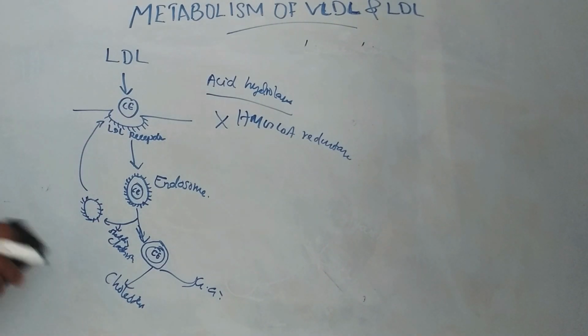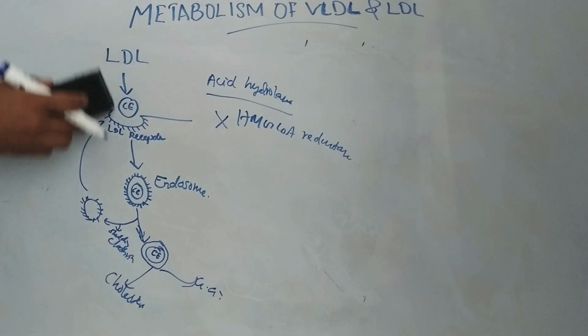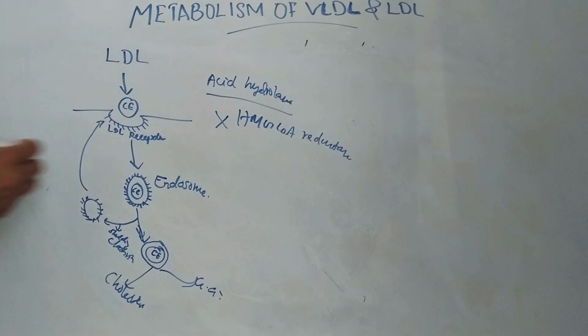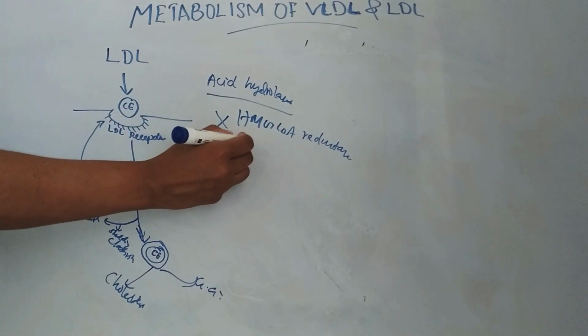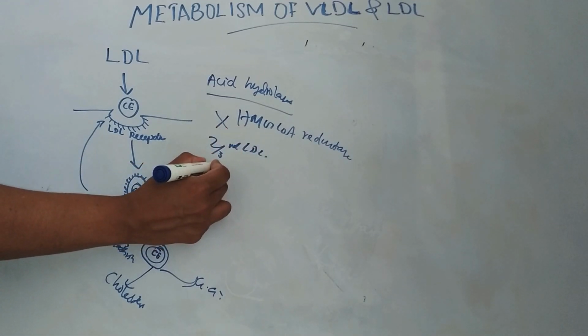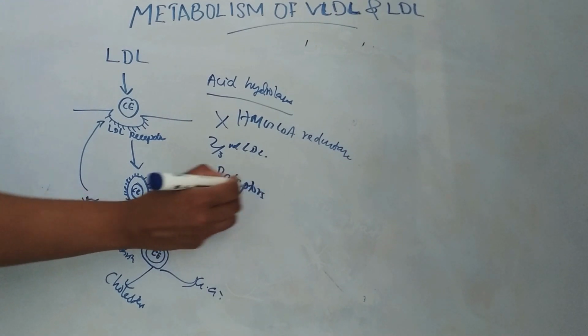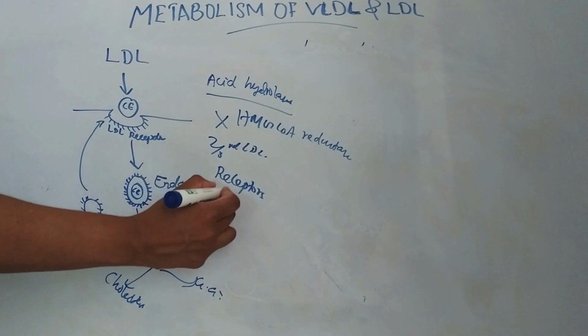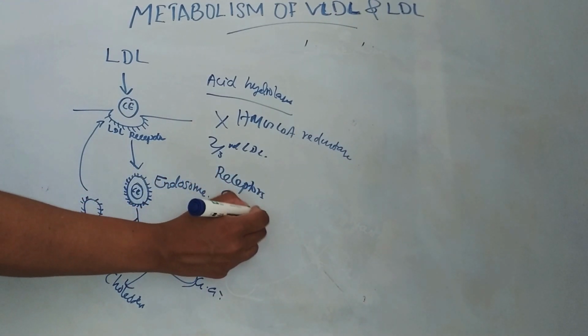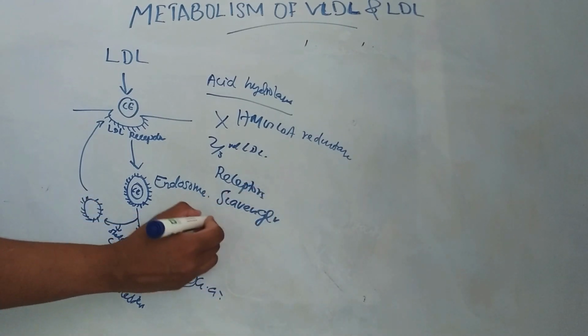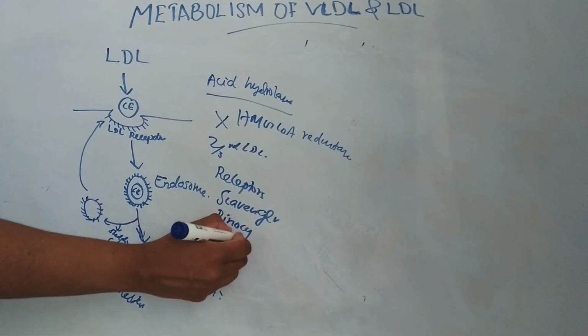About 2/3 of the LDL in circulation is removed by LDL receptors. The remaining LDL is removed by scavenger receptors or by pinocytosis.